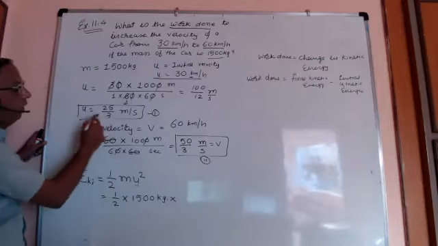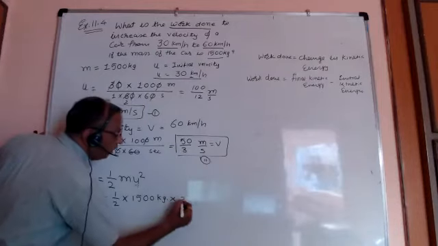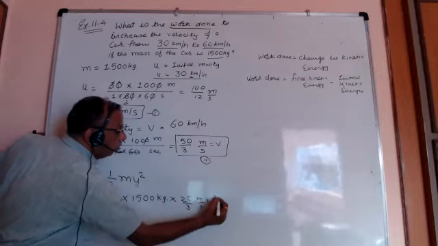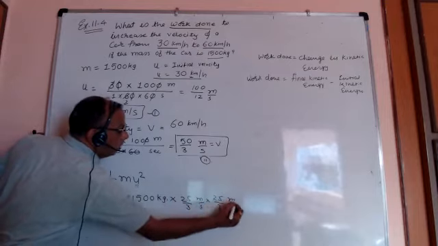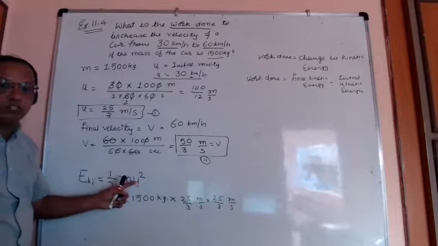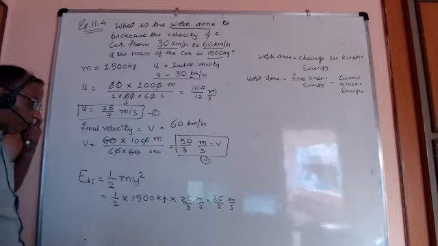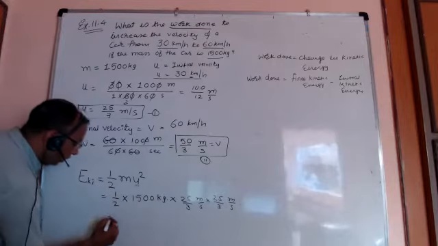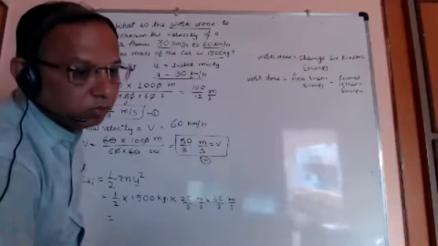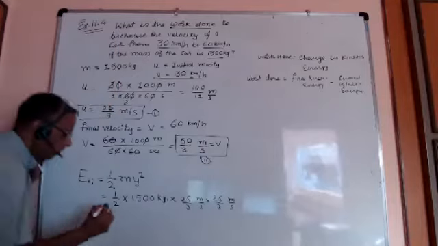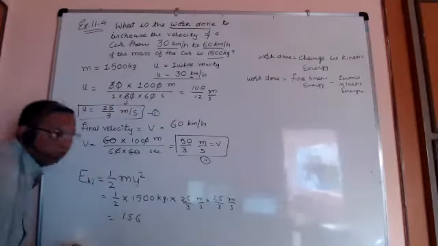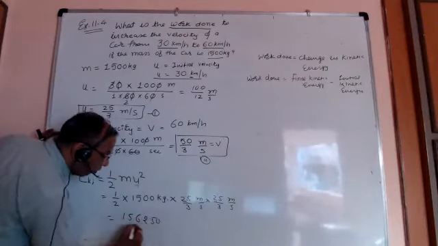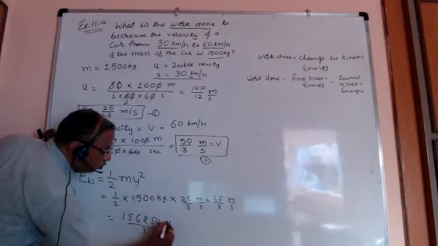u is already 25 by 3, so 25 by 3 meter per second into once again 25 by 3 meter per second, because its square is to be taken. Friends, if you convert this into a simpler form, the answer is 156,250 divided by 3 joule.